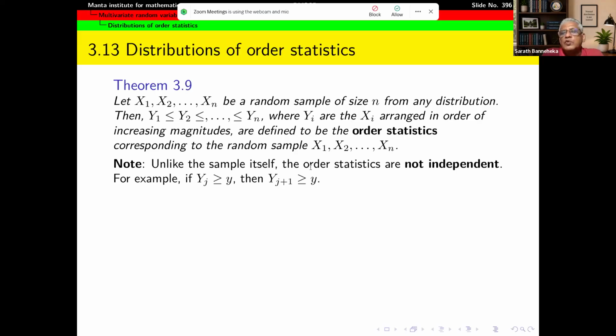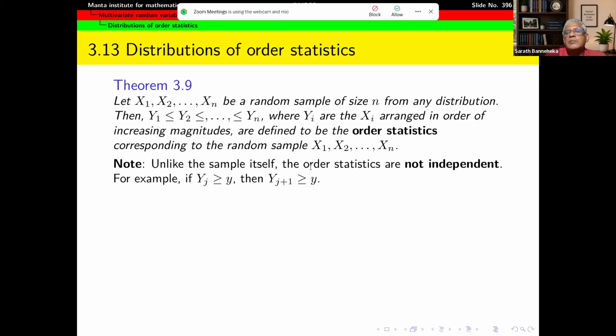Then, if you put these observed values in ascending order from smallest to largest and select the first observation, that is the minimum. So from that single sample, we have one value, the minimum value from that sample.